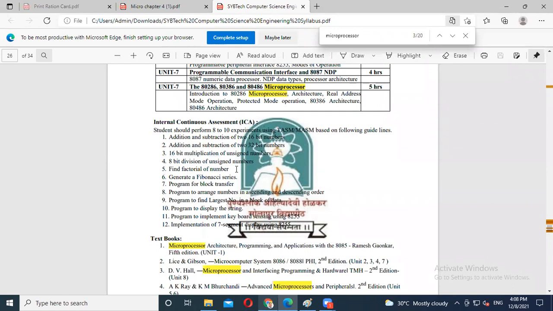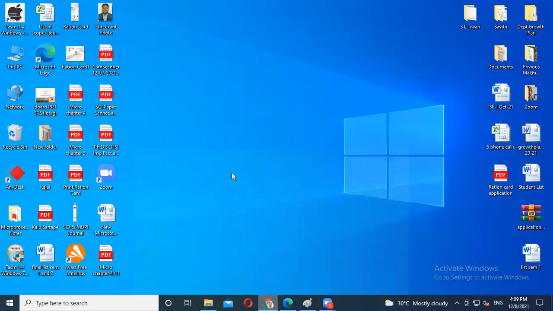So today I am going to use the fifth program, that is to find the factorial of a number. So how are we going to find the factorial of a number? All of you are aware of that. To find the factorial of a number, I will open WordPad and show you.